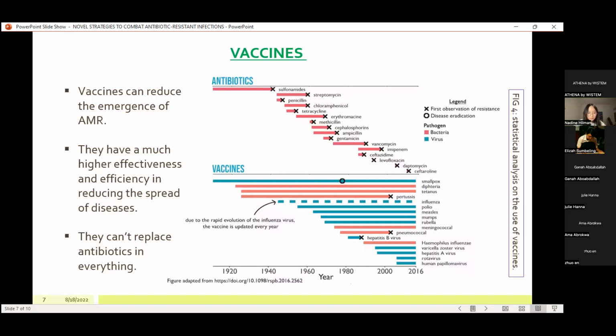Now, the main problem that arises is that vaccines cannot replace antibiotics in everything, as antibiotics are used in surgeries such as C-sections and also in treatments such as chemotherapy. So resistance can occur from this.